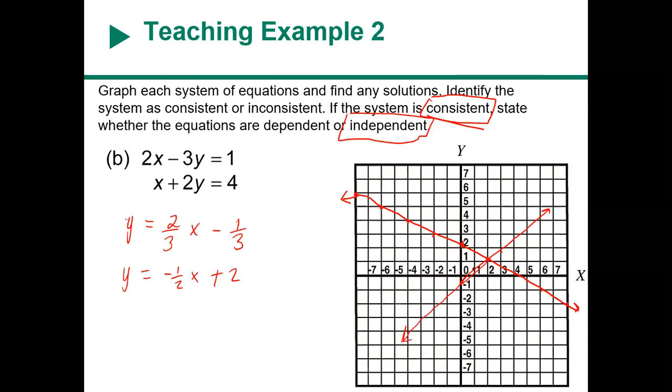All right, and it appears roughly that my point of intersection is going to be at 1, 1, which is not very accurate. I would do better. But this is just showing you how to graph it, and we roughed it out as to where the intersection is.